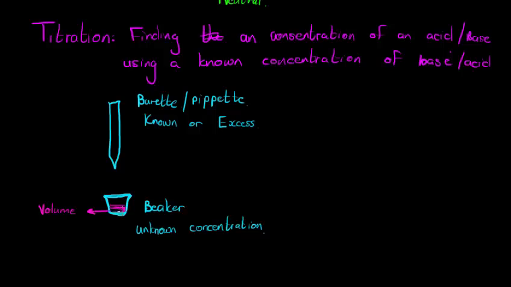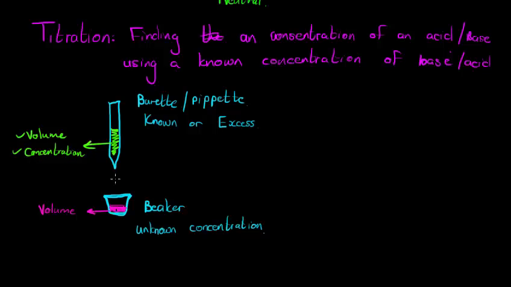We know how much we have in here. We just don't know of this volume what is the concentration in here. Then in the burette, we will know the volume and the concentration. Both of these values are known.